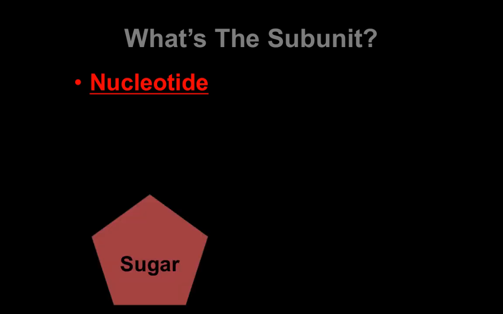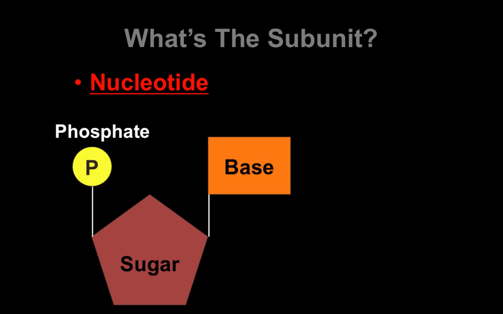The subunit of a nucleic acid is a nucleotide. Now make sure you don't mix them up, a lot of people think nucleic acid, amino acid, that those go together. Nucleotides make nucleic acids. And a nucleotide is made up of a sugar, a phosphate, and a base.